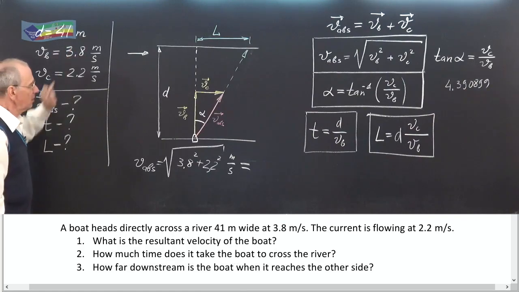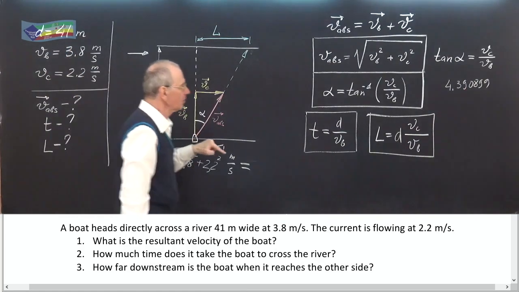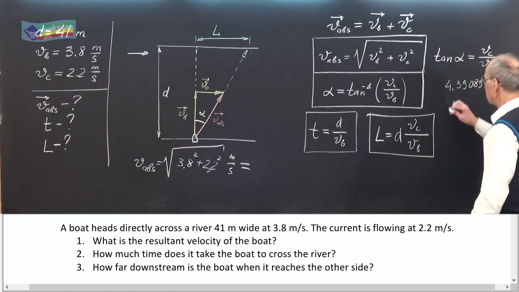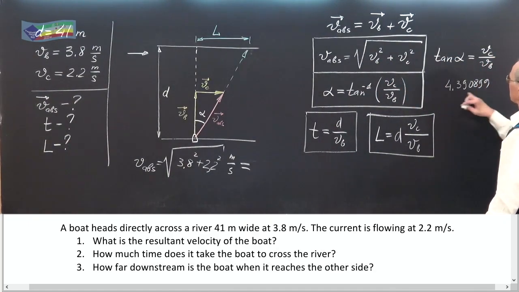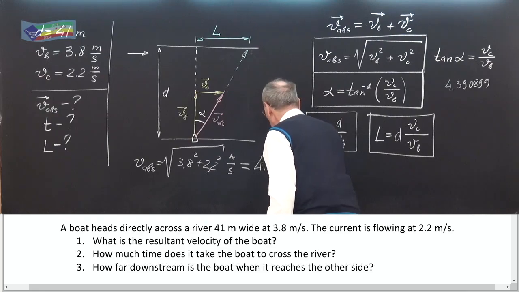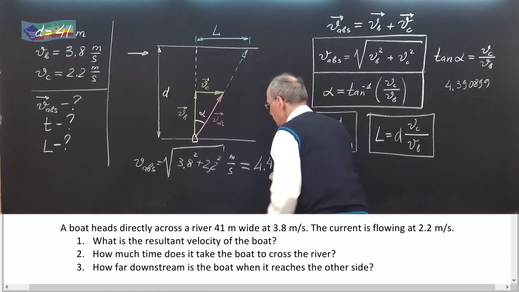So we must round the result to two significant digits. After rounding, we have 4.4 meters per second.